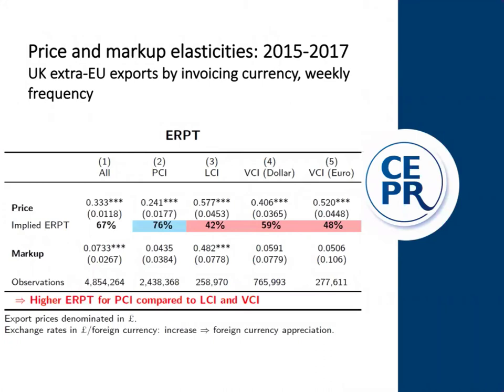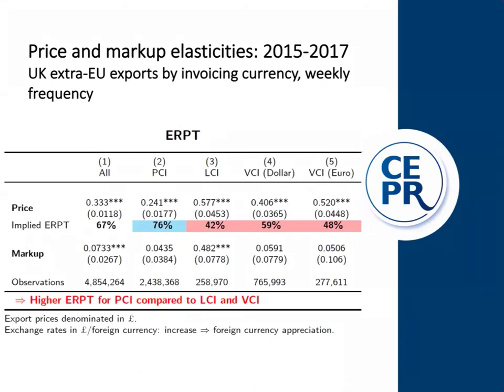In contrast, if we look at those goods that are invoiced in the local currency of the destination market, Mexican pesos for Mexico, Canadian dollars for Canada, we see that the export price adjusts a lot. What this means is that when measured in the currency of the destination market, the prices are adjusting much less. So the implied exchange rate pass-through when we have local currency invoicing is only 42%.